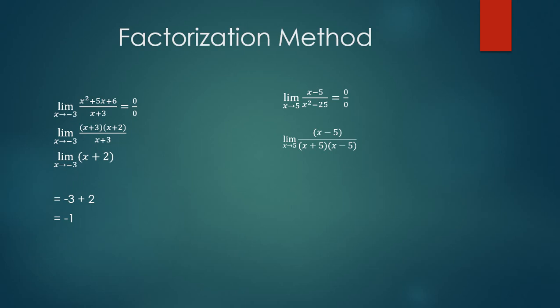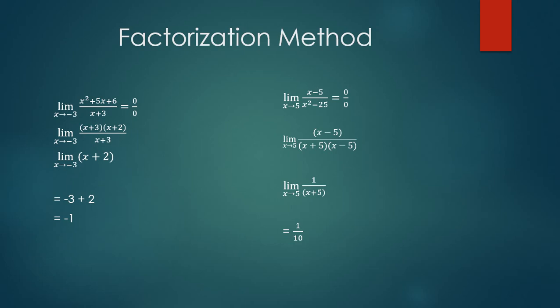Once again, we have things that can cancel, and that leaves us with 1 divided by x plus 5. We can now apply direct substitution, and that gives us 1 divided by 10. So here the limit is 1/10.